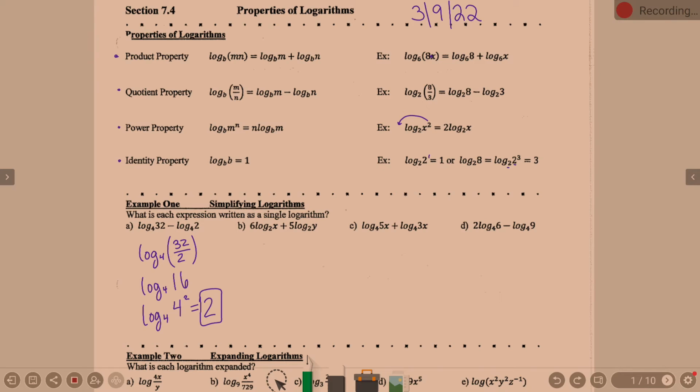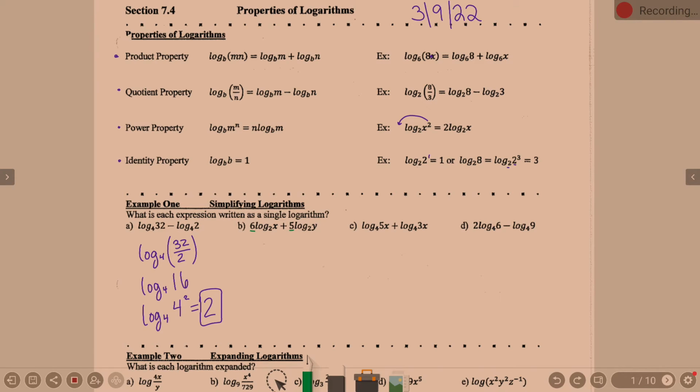I'm going to say yes, but there's also not yet. We will use the product property, but we're not allowed to use the product property yet because these logs have numbers in front of them. So we can't take 2 logs that have numbers in front of them and put them together as 1 log.